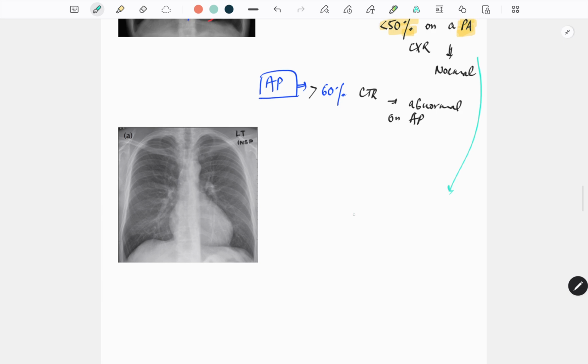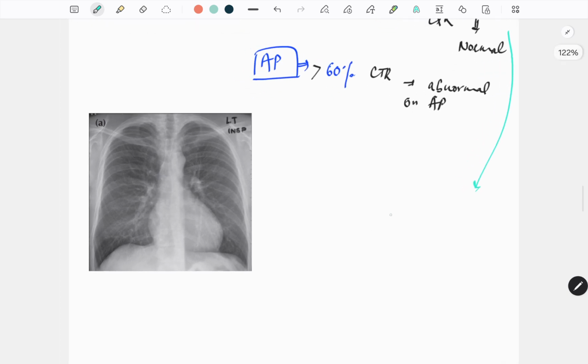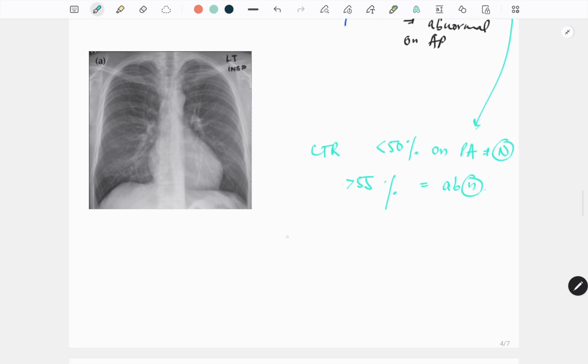What do we imply from that? That up till 50% CTR on PA is normal. More than 55% is abnormal.